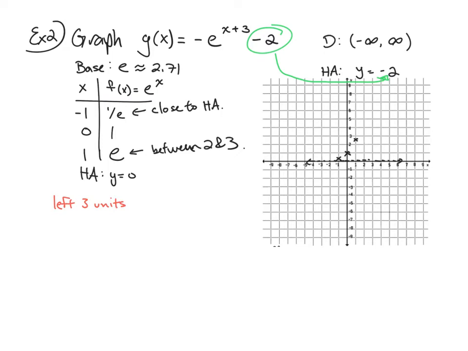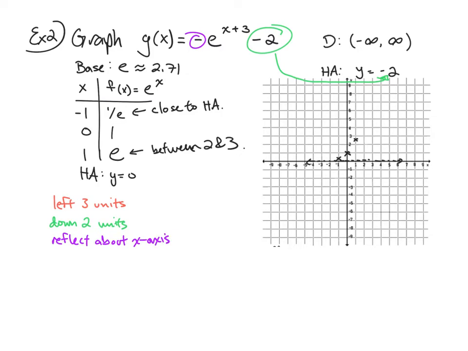We have a minus 2 back here, which we've already mentioned. You can see that we will be moving down 2 units. So down 2 units. And we have this wretched negative over here, which means we will reflect over the x-axis, or reflect about the x-axis. There we go.